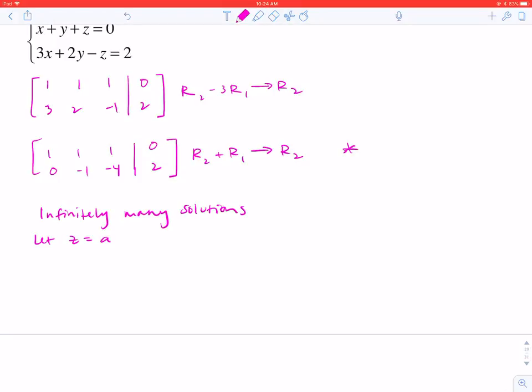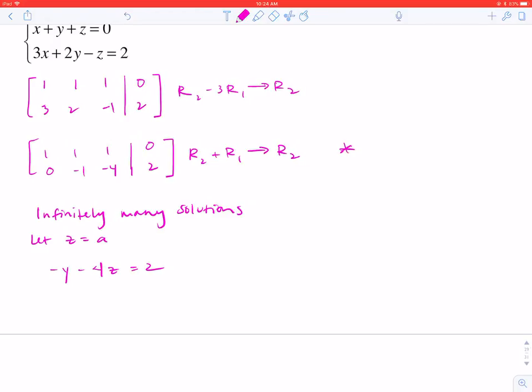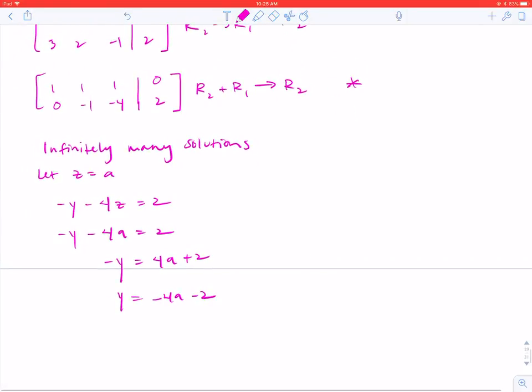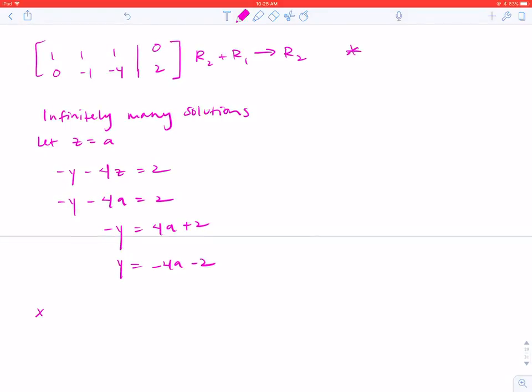If I use row 2, that row 2 represents the equation negative y minus 4z equals 2. So I could let z equal a and solve for y. And then we could use row 1 to help us find what x is in terms of a.